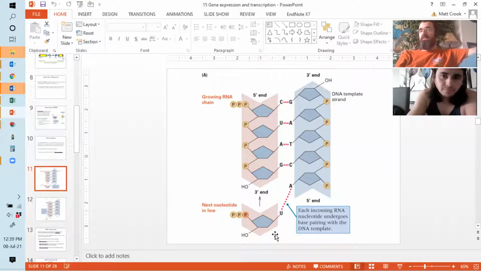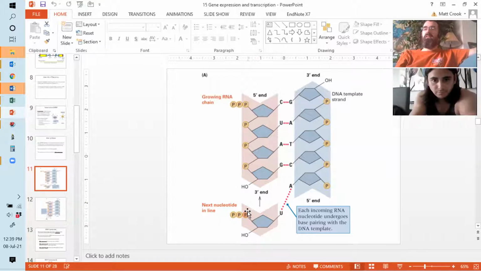But anyway, this nucleotide comes in. This is a uracil, right? So it matches an A in the template strand and it corresponds to a T in the coding strand.